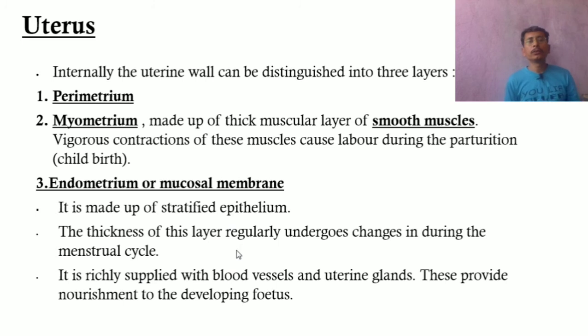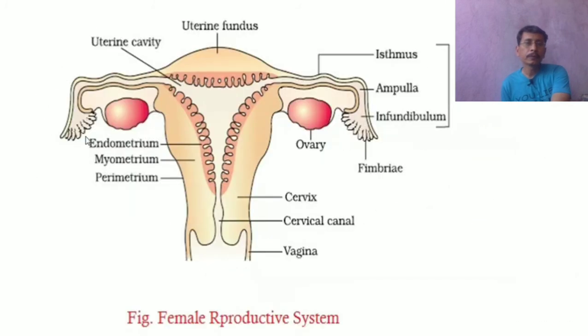Then the wall of the uterus consists of three layers. Now this uterine wall is distinguished into three layers. The outer layer is the perimetrium.